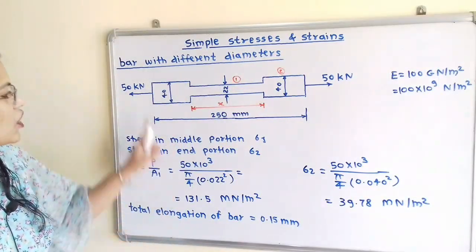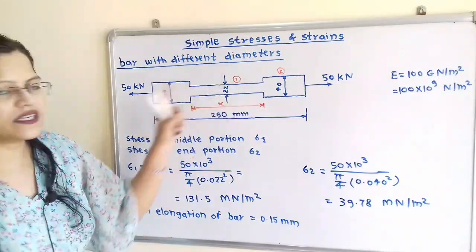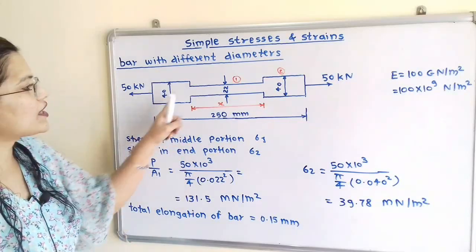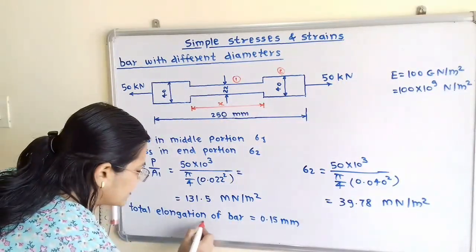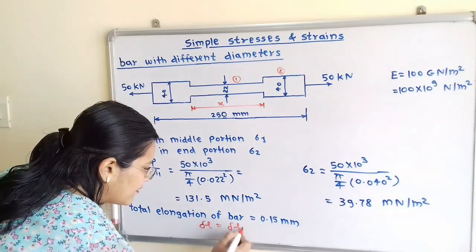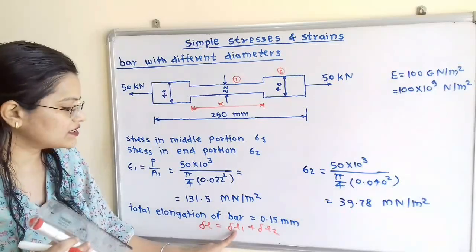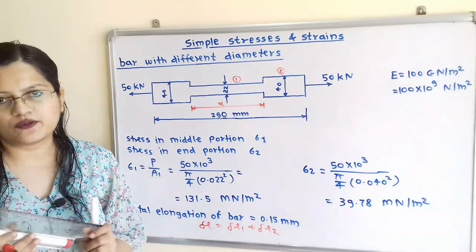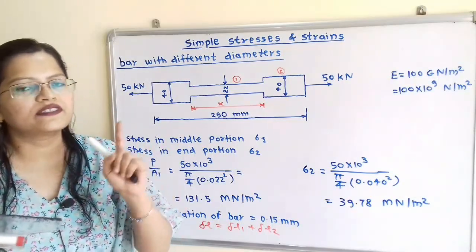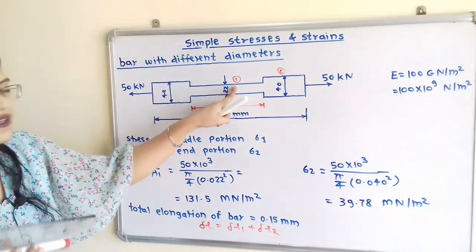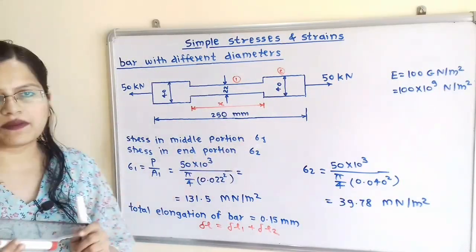Now the total elongation of the bar is equal to the elongation of the middle portion plus the elongation of the end portion. So delta L is equal to delta L1 plus delta L2. For that we first have to find the stress in the middle portion as well as the end portion, that is sigma 1 and sigma 2.